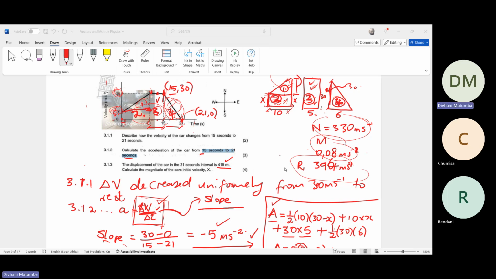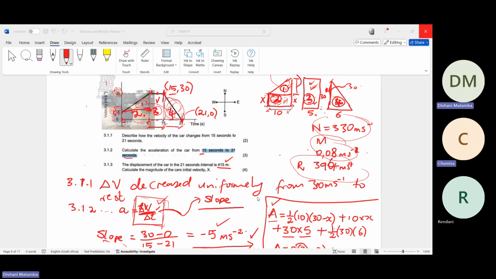Okay, the slope of the displacement time graph.